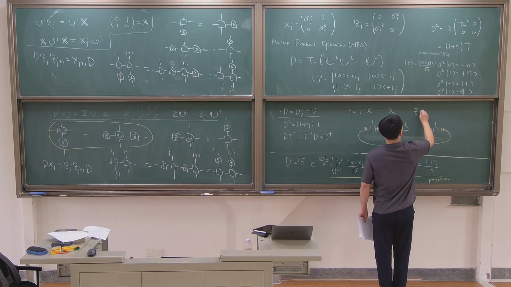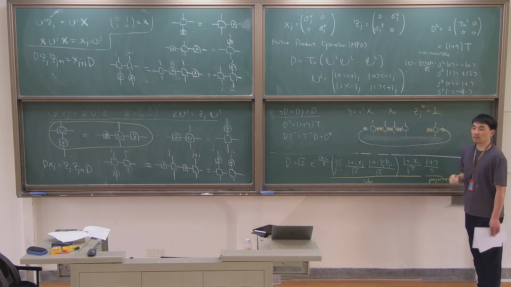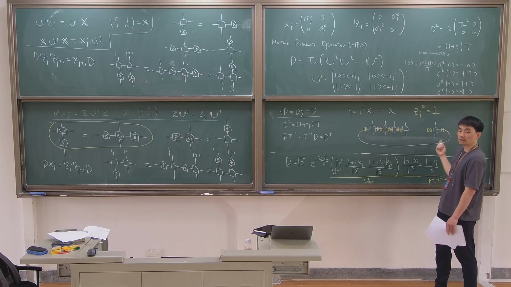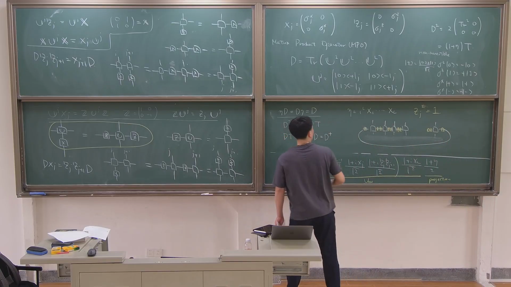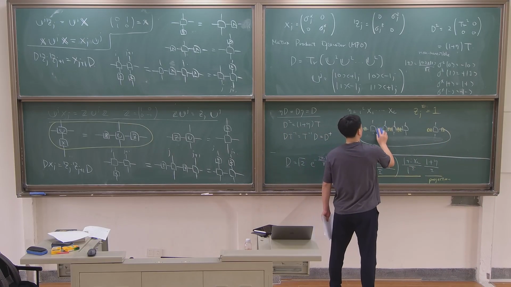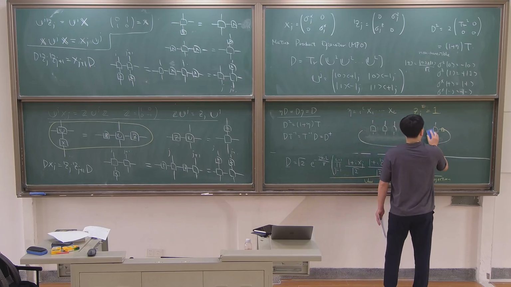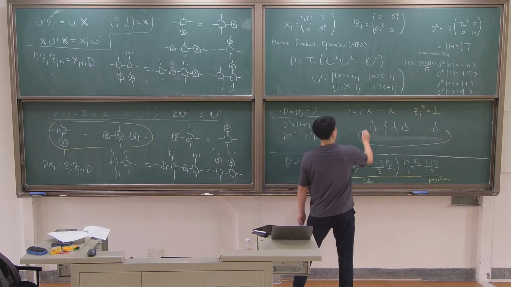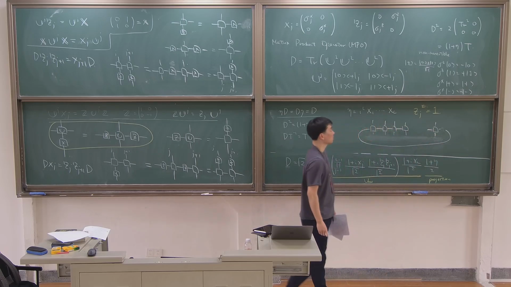And we know Dj squared is equal to 1. Okay? So therefore, they cancel each other. And what's left is something like this one, D itself. Like this.